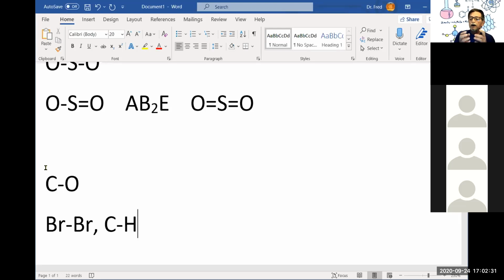And then we have unequal sharing. That example would be carbon and oxygen, because oxygen is a lot more electronegative than carbon. The result is it will pull the electrons of that bond toward oxygen, and hence I drew that arrow there to describe that it tends to pull the electrons.